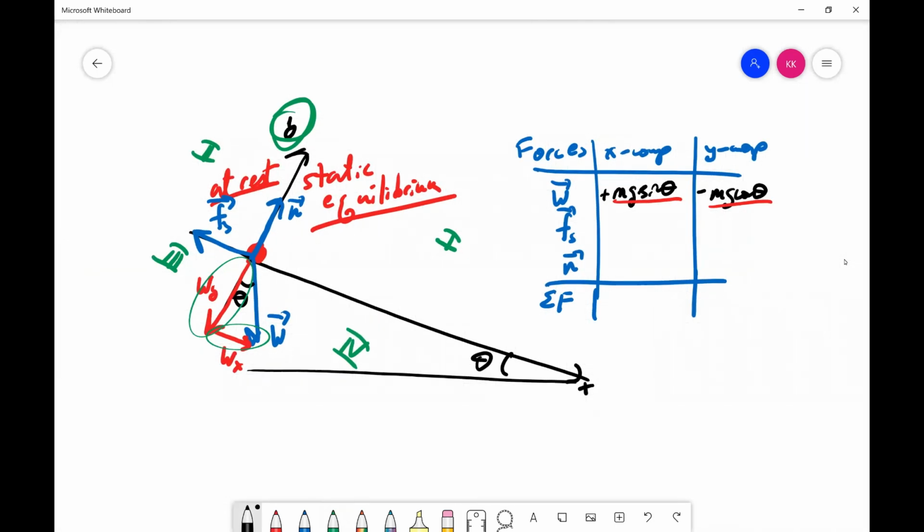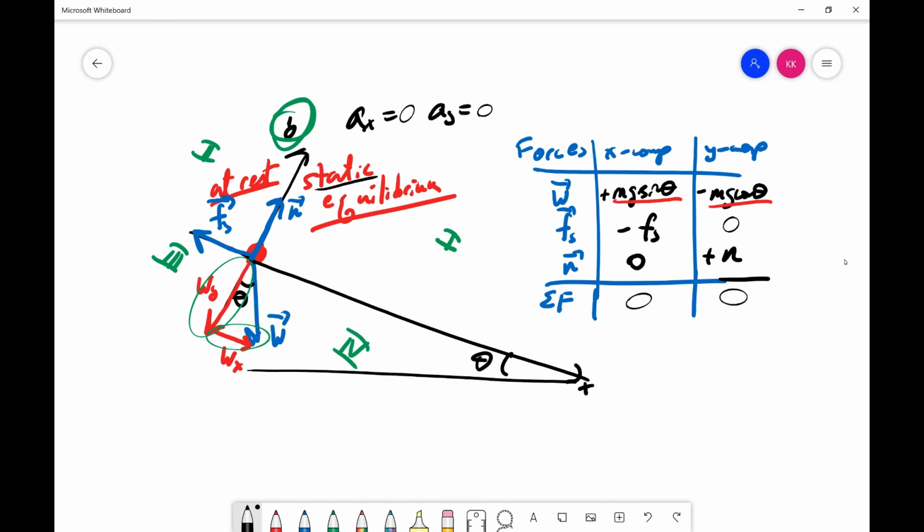All right. So static friction acts in the negative x direction and has no y component. The normal force acts in the positive y direction and has no x component. Because it's in static equilibrium, the net force is zero in both directions. That means forces in the x direction cancel, forces in the y direction cancel, and there is no acceleration.